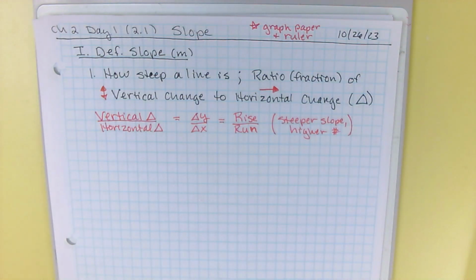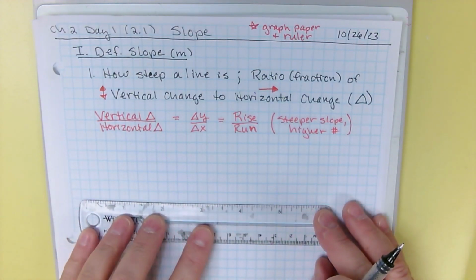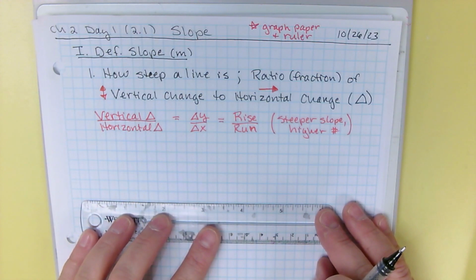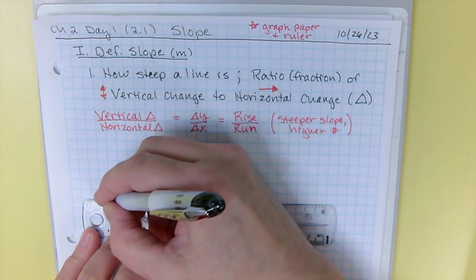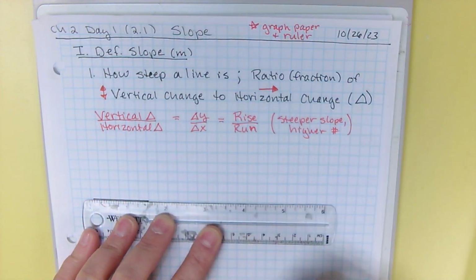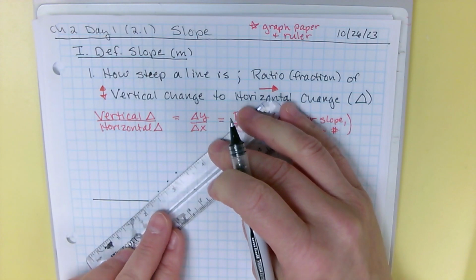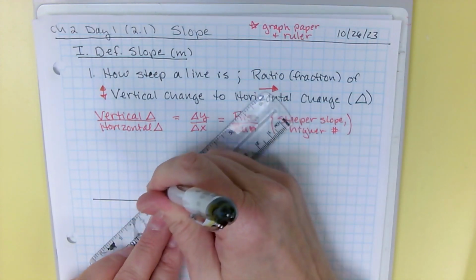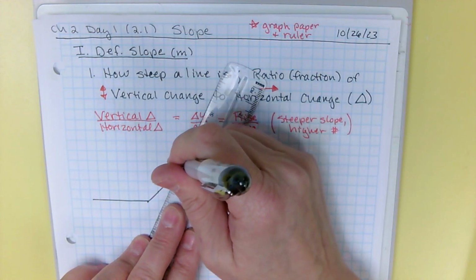All right, we're going to draw ourselves a picture. So drop down about 2 inches. Okay, and you're going to draw this with me using your ruler. So you're going to have a flat part. And then I want you to go through the corners of the squares. And then it's going to get a little bit steeper.